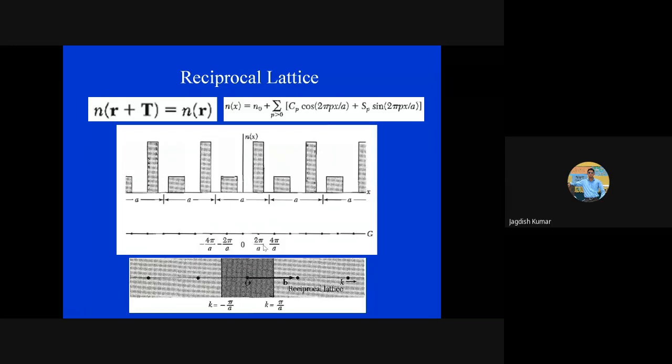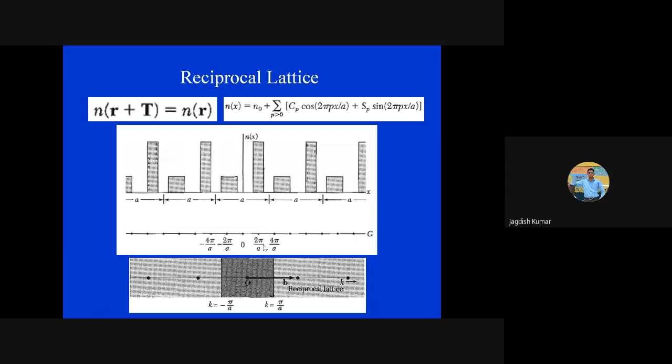Interestingly, if the unit of periodicity in real space is length, the unit of periodicity in reciprocal space will be inverse of the length. If the unit of periodicity in real space is time, the unit in reciprocal space will be inverse of time. So if it is second in real space, it will be hertz in reciprocal space.